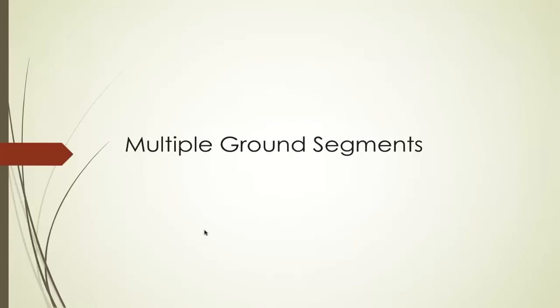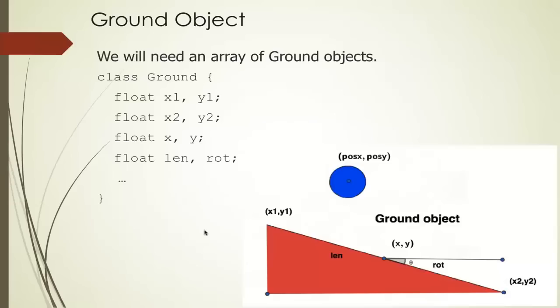And then finally, to add multiple ground segments you have to use object-oriented programming. If you haven't done that, you can look at the link below for a tutorial. But we do need to create an array of ground objects. So this class right here is the ground object class.